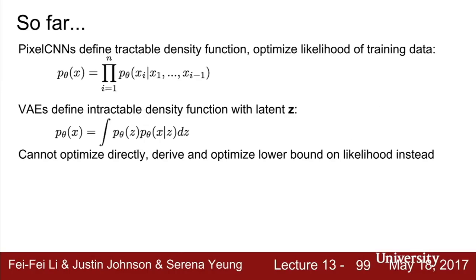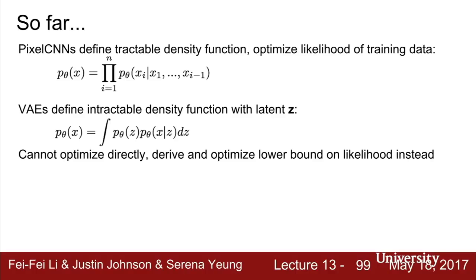Okay, so we've talked so far about PixelCNNs and VAEs, and now we'll take a look at a third and very popular type of generative model called GANs. So of the models that we've seen so far, PixelCNNs and RNNs define a tractable density function, and they optimize the likelihood of the training data.